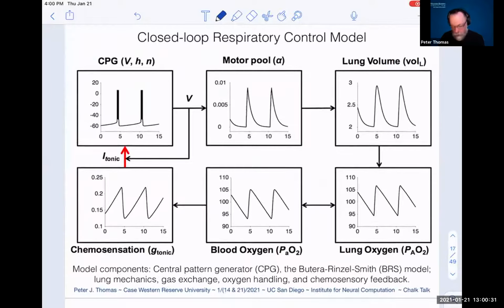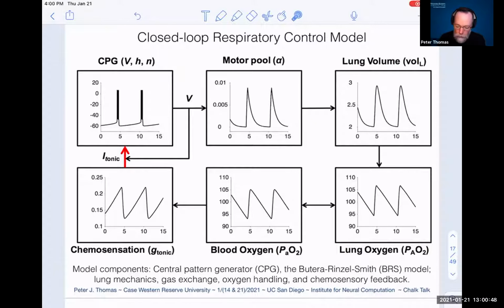Okay, so here's a picture of our model, a diagram. We've got the central pattern generator with 3 variables: the cell voltage, the persistent sodium gate H, which is, remember, very slow, and then the potassium, which is relatively fast.